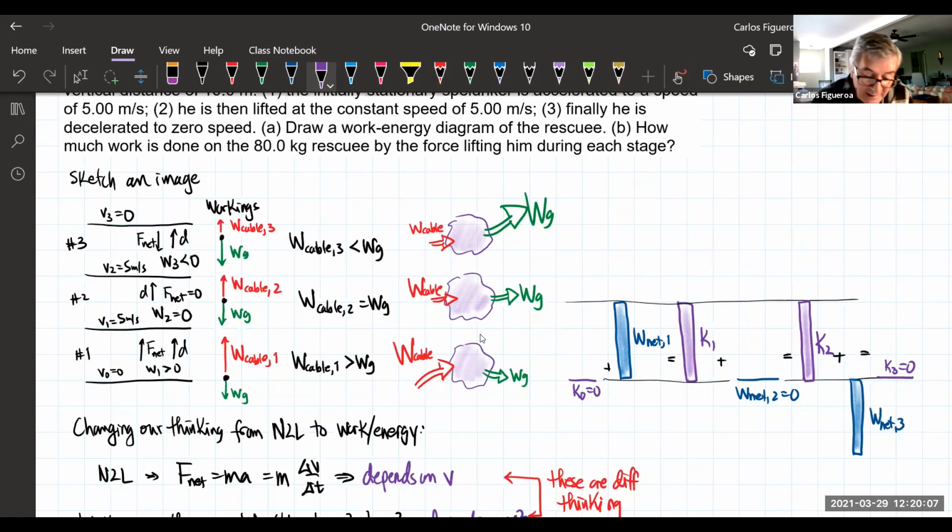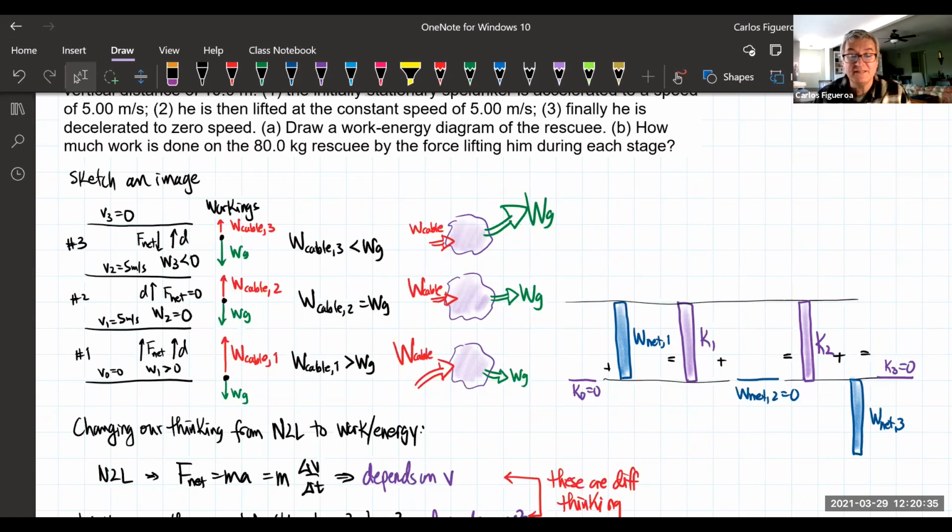So there's a lot of ways to actually think about this. But now what we want to do is clearly see that I've got to go calculate the net work of each of these things. Let me make sure here. They're asking us to do what? How much work is done by the lifting force?